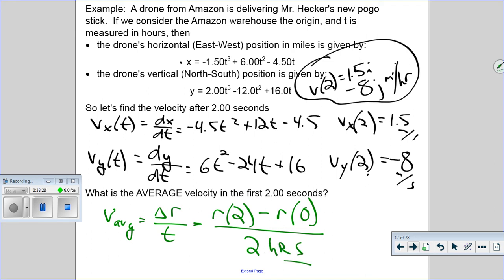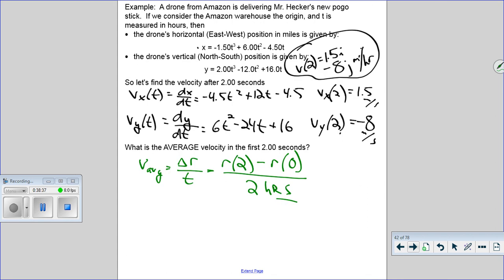So our position at 0 seconds is 0. Our position at 2 hours is 3I plus 0j miles. I got it right this time. Okay, so that means that my change in R is 3I plus 0j minus 0.